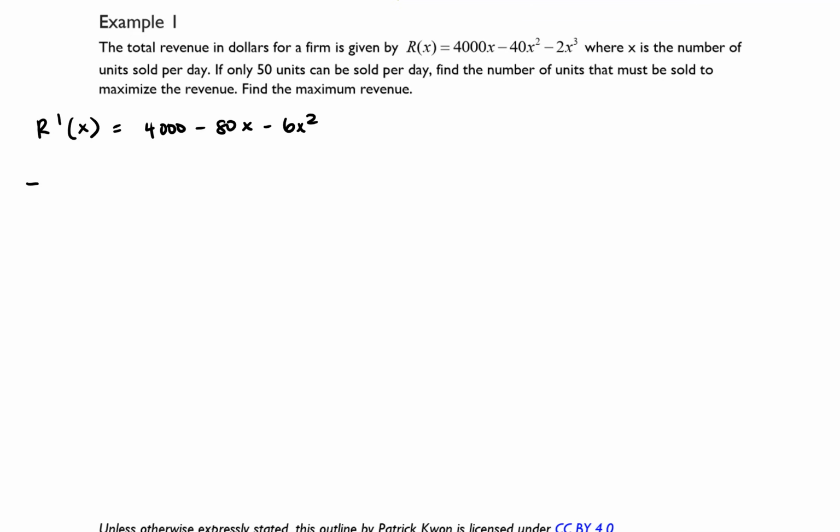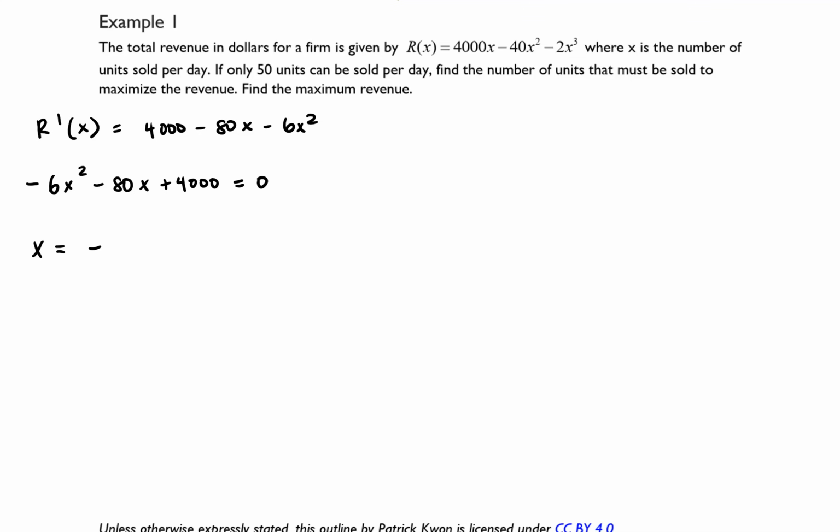So I'm going to take our derivative function, reorder it, and then set it equal to 0. And I am also going to use the quadratic formula to solve this.